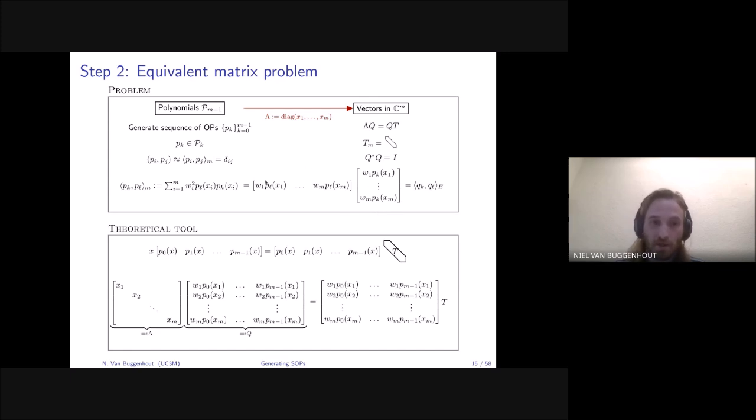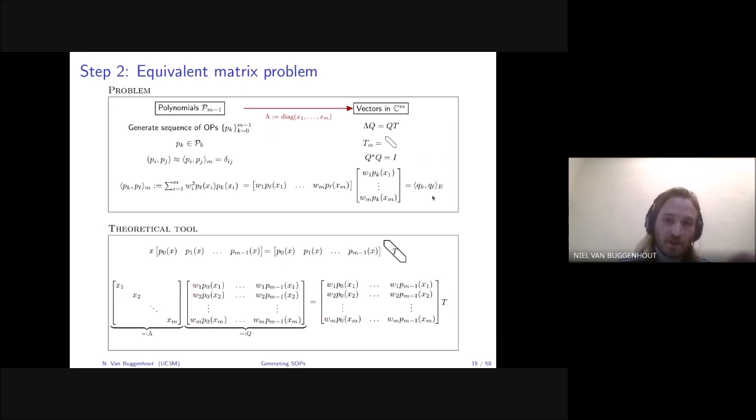If we multiply this out, we get exactly the discretized inner product that we needed to generate our sequence of orthogonal polynomials. So this means that there is a one-to-one connection between the discretized inner products on the polynomials and the Euclidean inner product on these vectors, which come from a Krylov subspace.